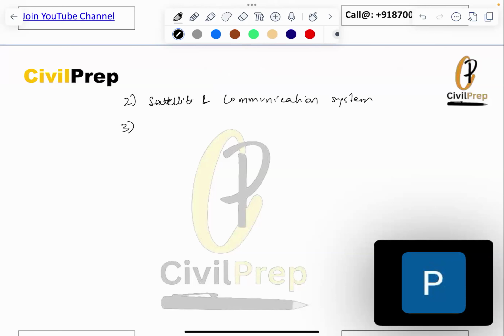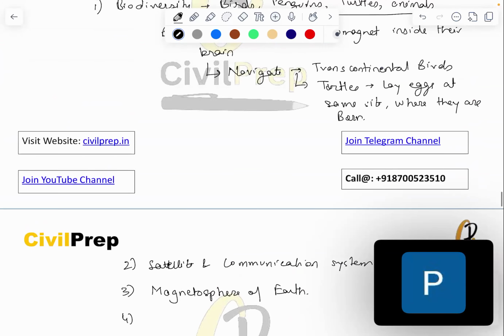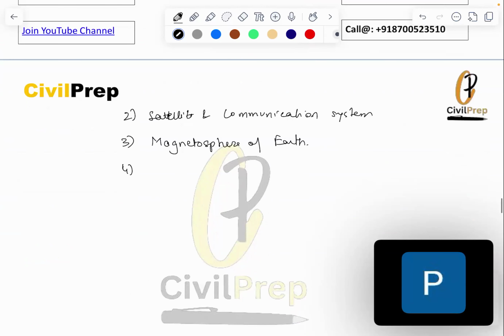Okay, this will also have an impact on the magnetosphere of Earth, due to which solar flares can enter Earth's atmosphere.